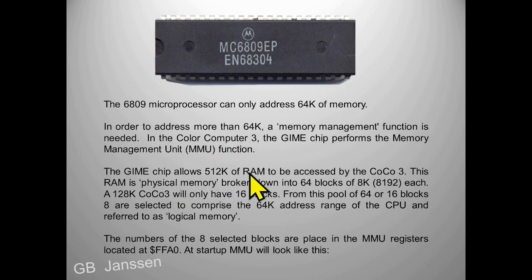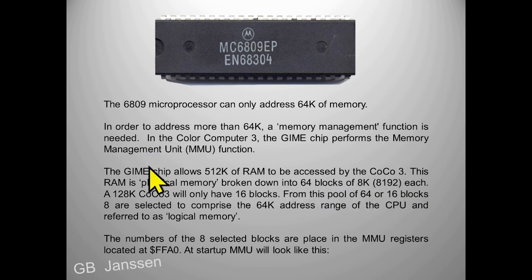Right, the Gimme chip allows 512K of RAM to be accessed by the CoCo 3. This is physical RAM. I have that in quotes, because physical RAM is something you can put in your hand. You can pull the chips out. Well, they may be soldered, but you can pull the chips out and actually hold them. That's physical RAM. It's there, and it's broken down in 64 blocks of 8K each.